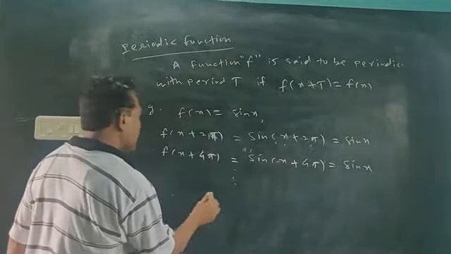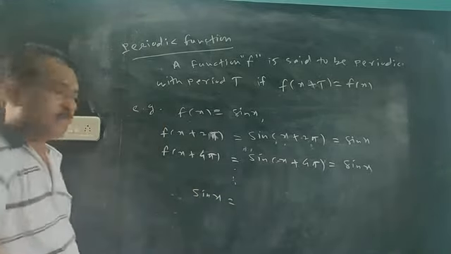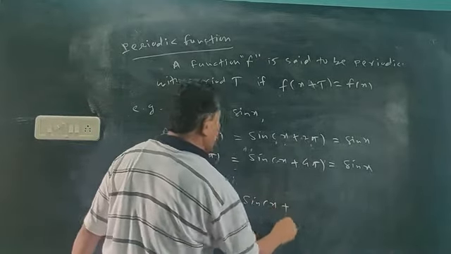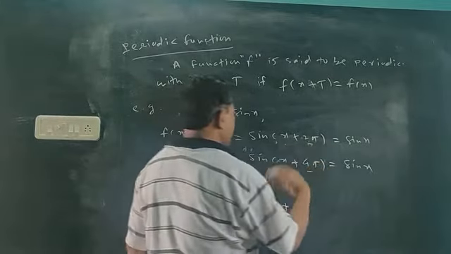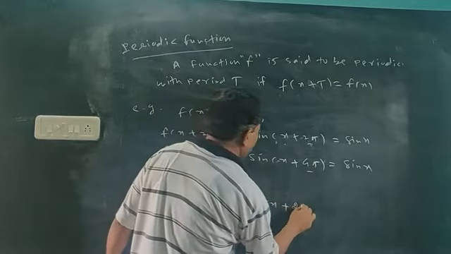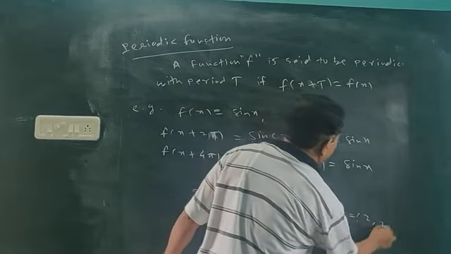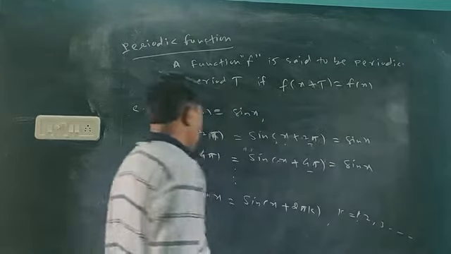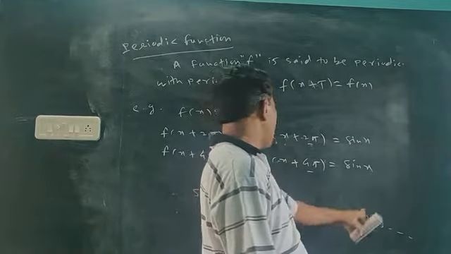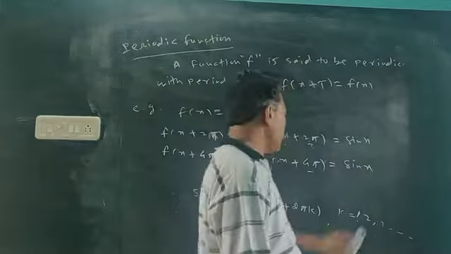So in general, sine x equals sine of x plus 2 pi, 4 pi, 6 pi, so many pi, that is 2 pi k in general, where k is any integer 1, 2, 3 and so on. So we can add 2 pi k in the sine. Also for cos: cos of x equals cos of x plus 2 pi k.